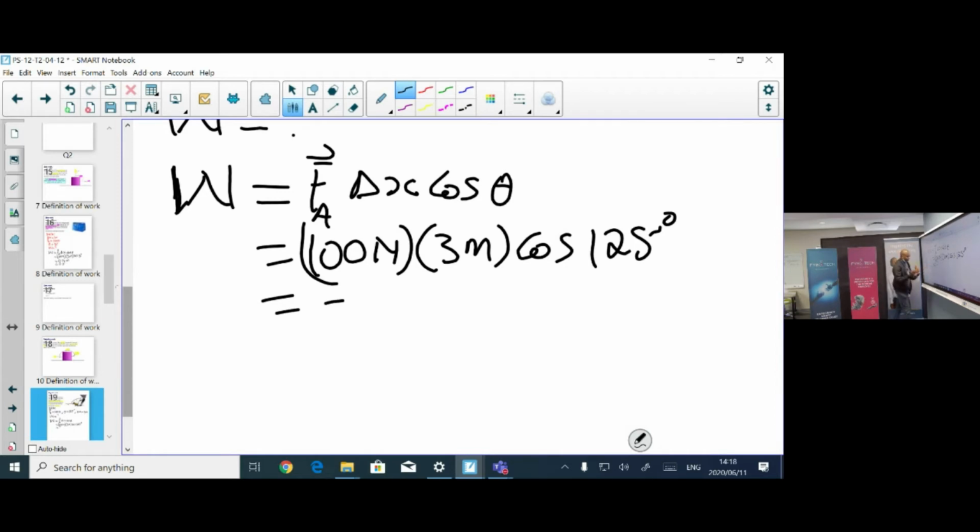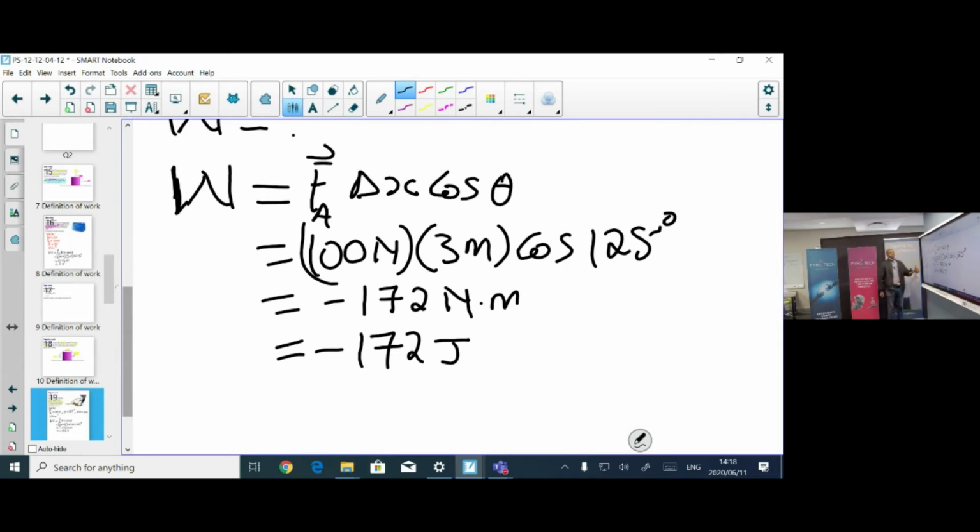I got minus 172 Newton meter, which is negative 172 joules. Don't forget, this is very, very much important. Work is going to be measured in joules.